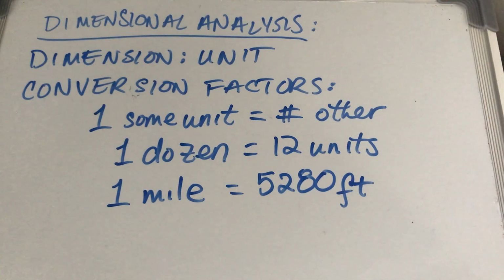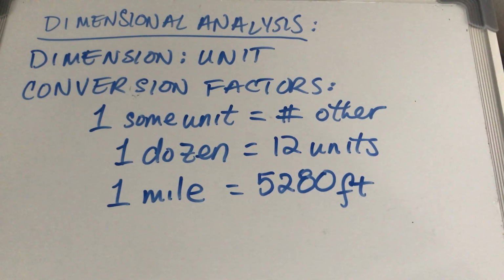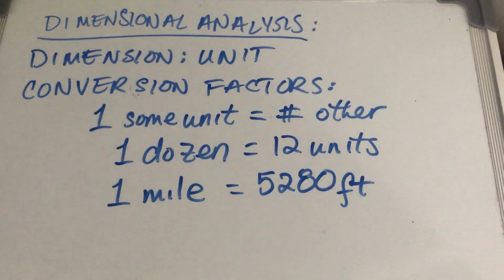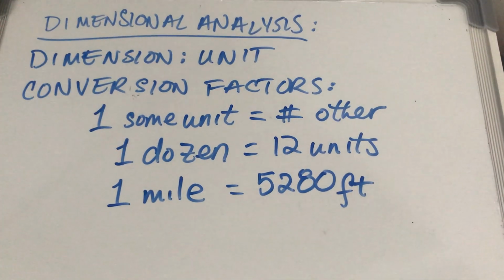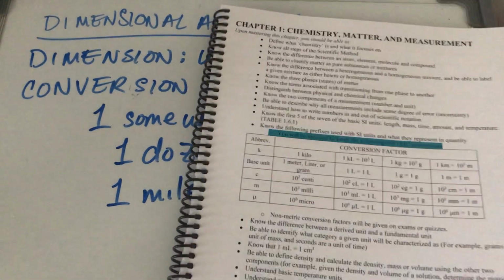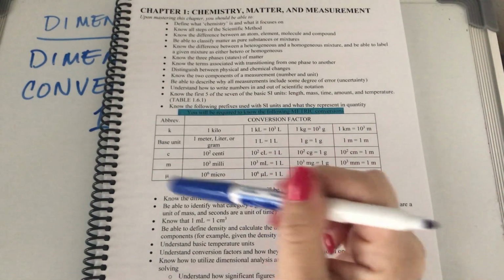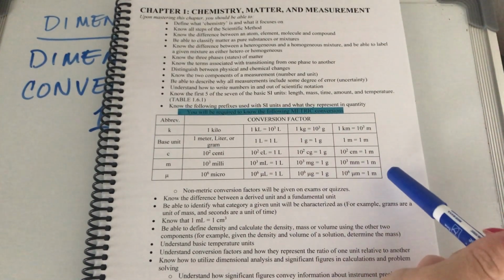The big question that students usually ask is, will I have to memorize these? And the answer is no, okay? The only conversion factors that you guys will need to know are these metric conversion factors, okay?